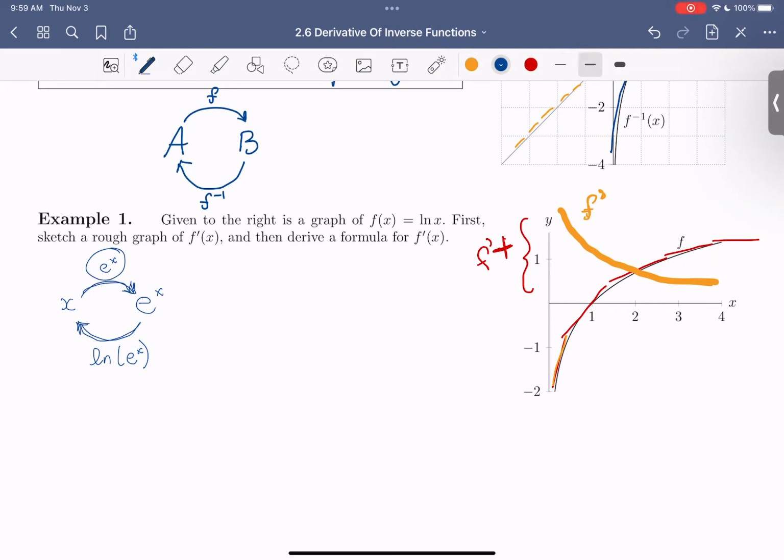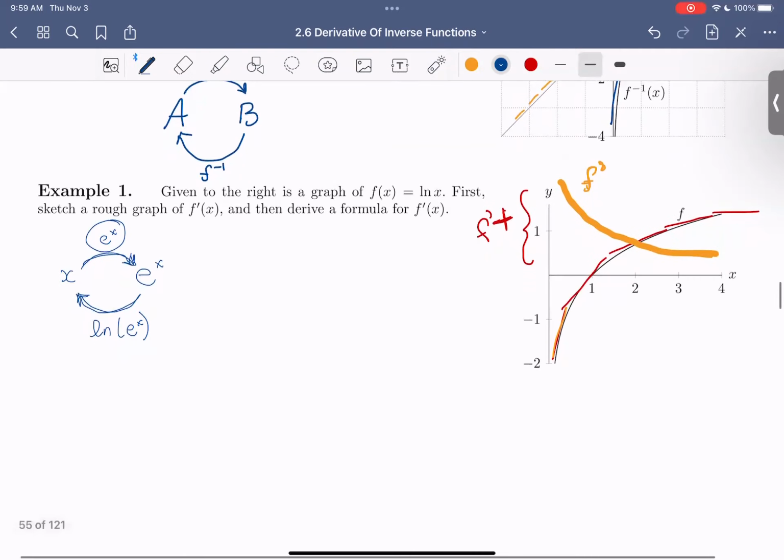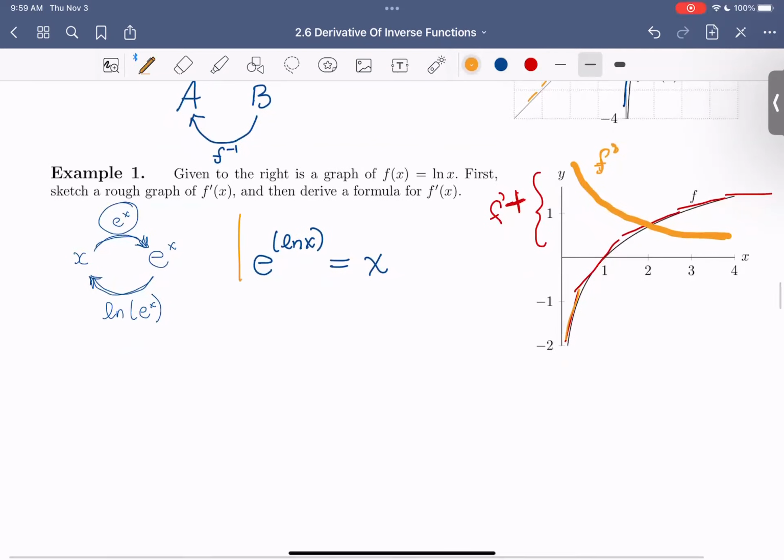So in other words, what that means is that I can write e to the ln of x is just equal to x. The exponential undoes the natural log undoes the exponential. So we know that this equation is true.